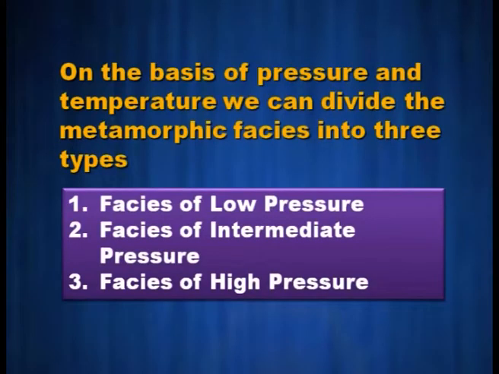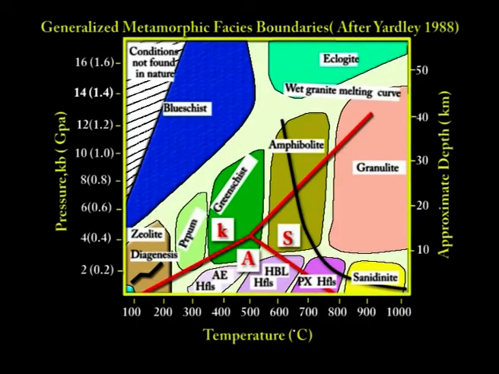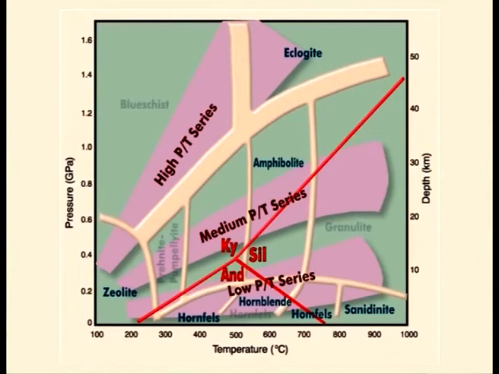On the basis of pressure and temperature, we can divide the metamorphic facies into three types: first, facies of low pressure; second, facies of intermediate pressure; and third, facies of high pressure. Miyashiro originally recognized three different facies series. First, a zeolite, prehnite, pumpellyite, blueschist, eclogite type.